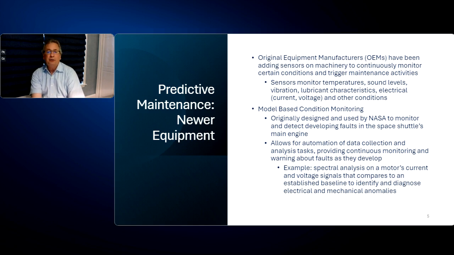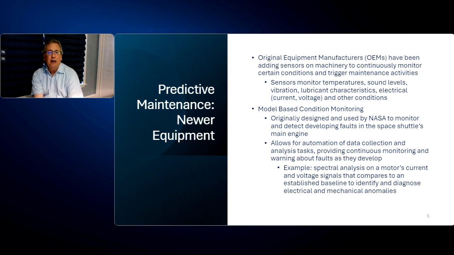Things monitoring temperatures, sound levels, the amount of vibration a machine or a part of a machine is experiencing, lubricating characteristics, electrical conditions like current and voltage, and many others. It'd be a long list considering all the different types of equipment that's out there. So lots, again, bells and whistles.